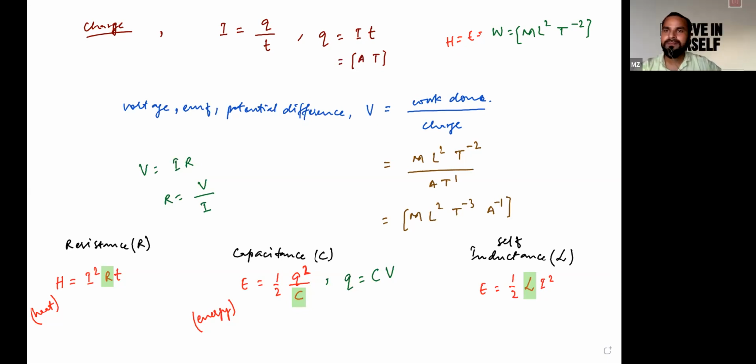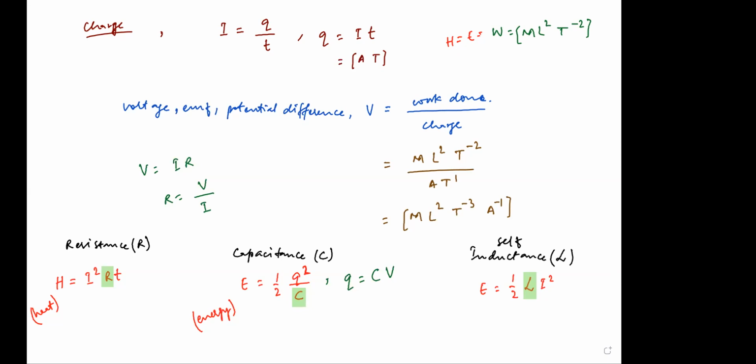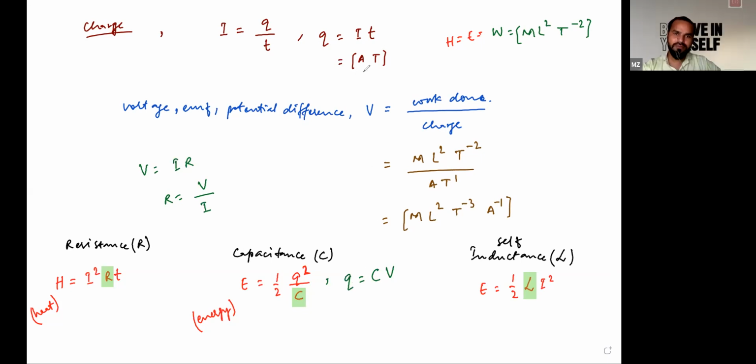Good, Mariam. Okay. I now send the next one, okay? Capacitance. Sir, what's Q? Q is just charge. We have already derived charge.